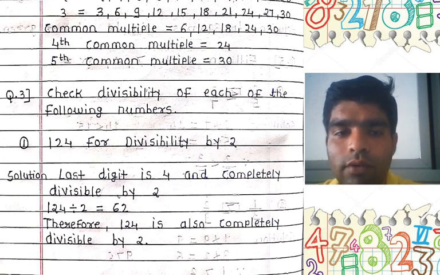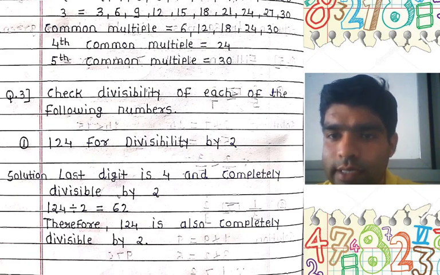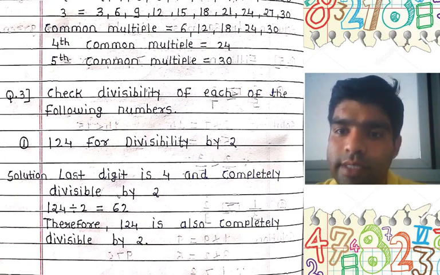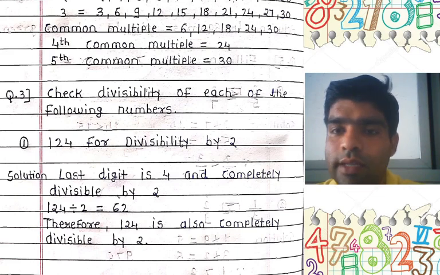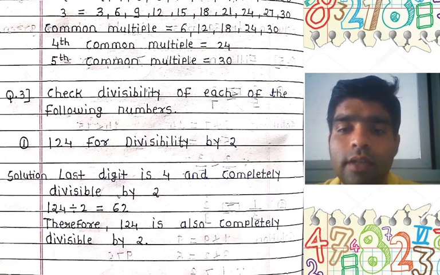Obviously it is correct, because of the last digit, as I already discussed in the divisibility rule. The divisibility rule for 2 is that the last digit is 0, 2, 4, 6 or 8. This is called divisibility by 2. It means the solution of the example is that the last digit is 4.